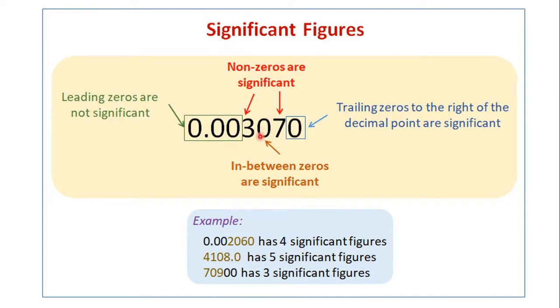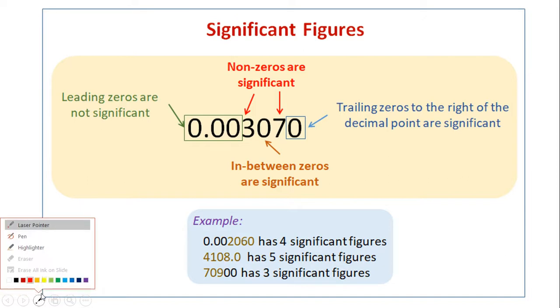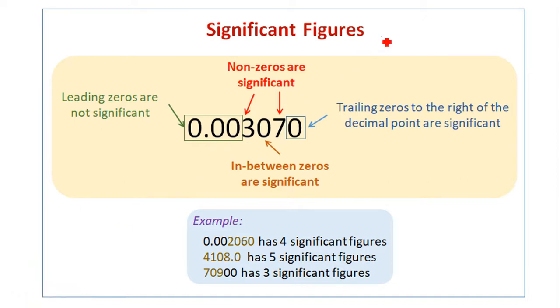Then there's also a time when zeros could be significant, and that is when they are behind a significant number. So when they're in between and when they're behind, we call them trailing zeros, they are significant. But we have to be careful with trailing zeros. Trailing zeros to the right of the decimal point are significant. If we had a number like 700, how many significant figures do we have?